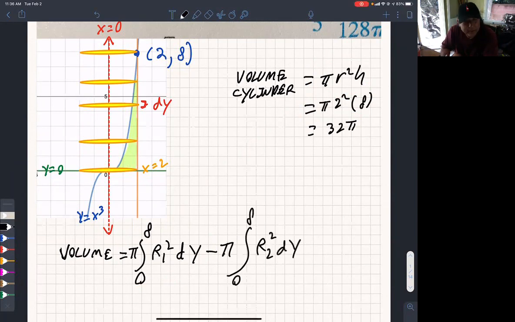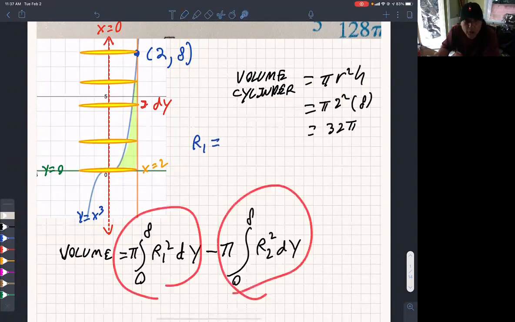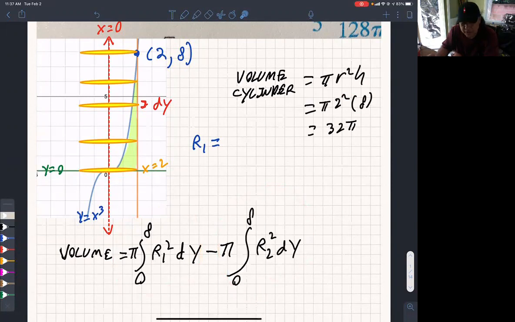And actually, I didn't even find R1 for you yet. What is R1? R1, this is the general form of all volumes of revolution when you have a hollow center. And the secret to find R1: it always goes from the axis to the farthest graph away. So here's your axis right here.